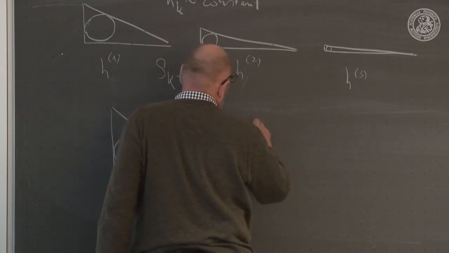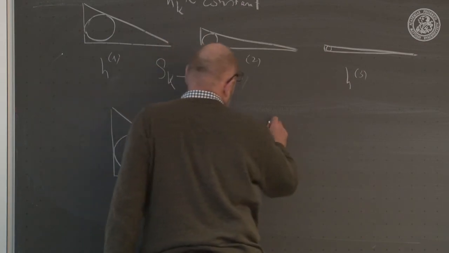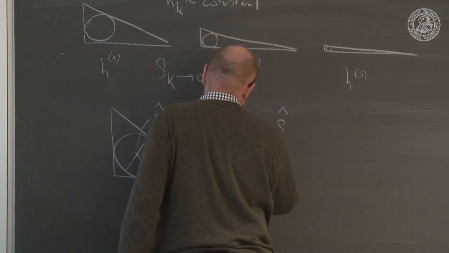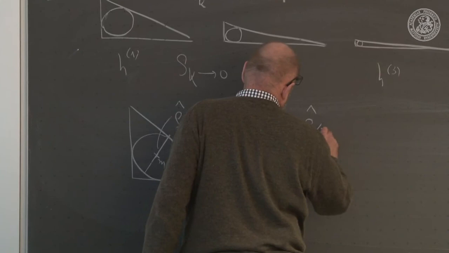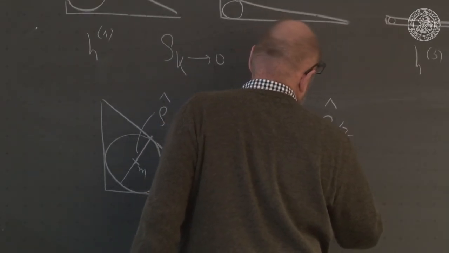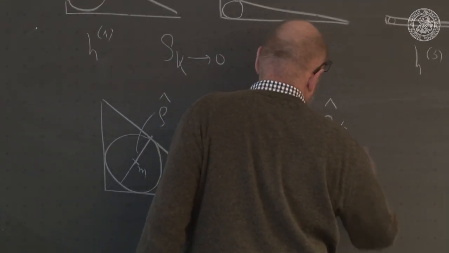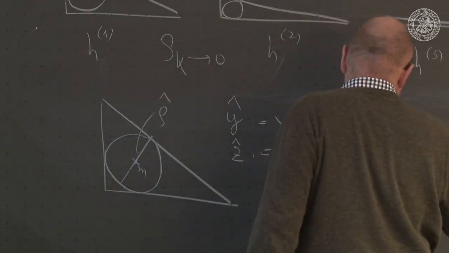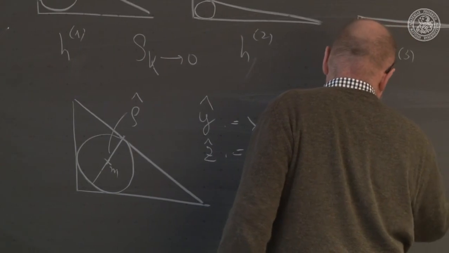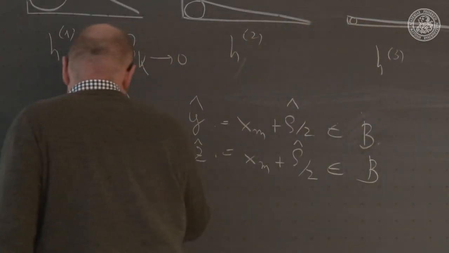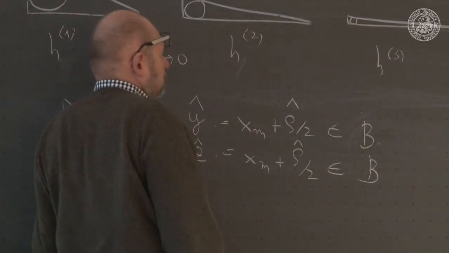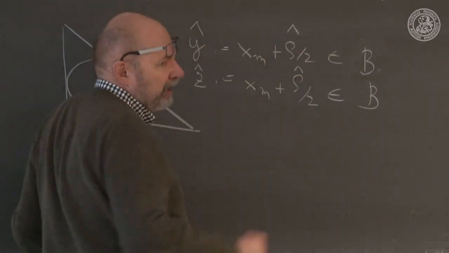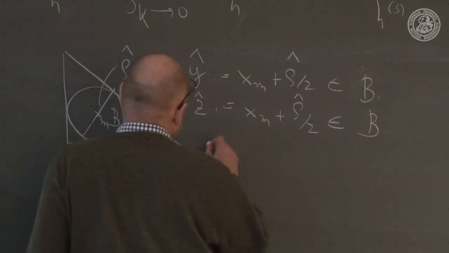And let's say we take the middle point minus rho hat half, and the middle point plus rho hat half. Then both of these points, by definition of a ball, have to be in this ball. Actually, they are at the boundary, but that we don't even use.